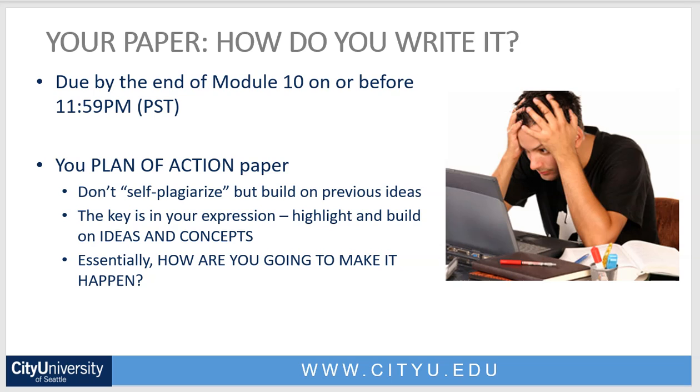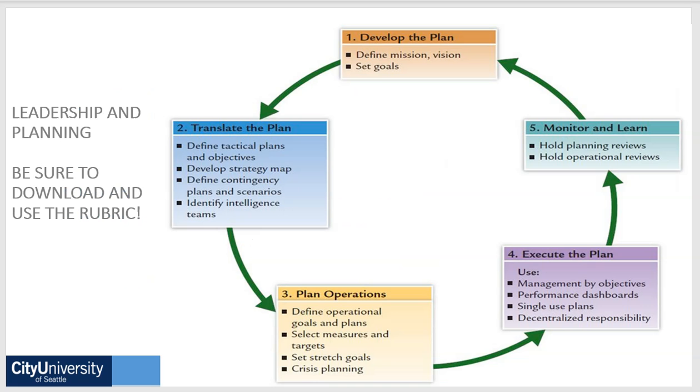I want you to build on those ideas, to recap some things, but also highlight and build out those ideas and the concepts you presented. The key is in how you say it and how you express it. In one sense, it is not self-plagiarism, but you are building on those ideas. Researchers and authors do this all the time. Remember, this paper is about how are you going to make that vision for leadership development happen.